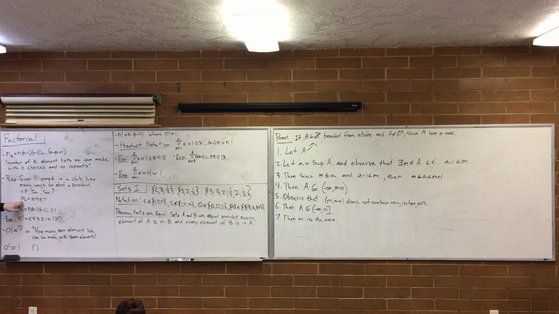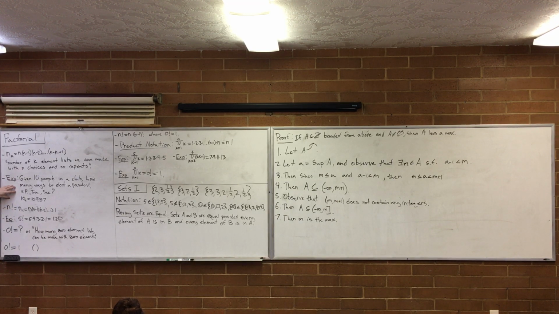And the answer was 10 sub 4. In other words, we had 10 options for the president, but once our president's selected, we now only have 9 options for the vice president, because someone can't be a president and a vice president, right? And once you had your president and your vice president, there's only 8 left to pick for your treasurer and 7 left to pick for your secretary. Does that make sense? So this is how we calculated it without repeats, and n to the k is how we calculated it with repeats. We're going to focus for this section on the without repeats list.